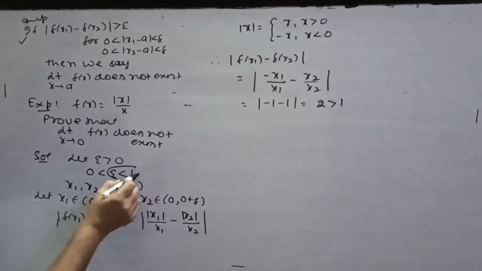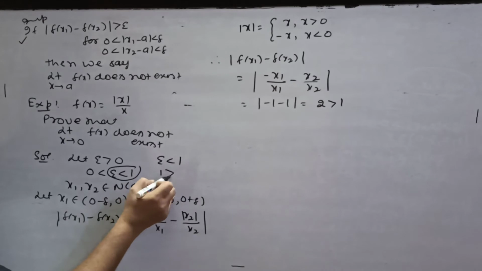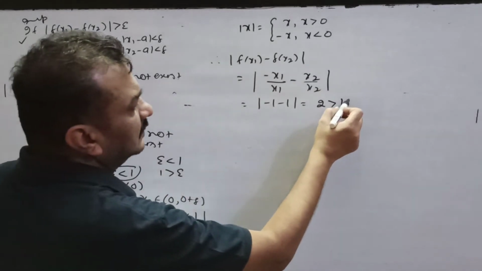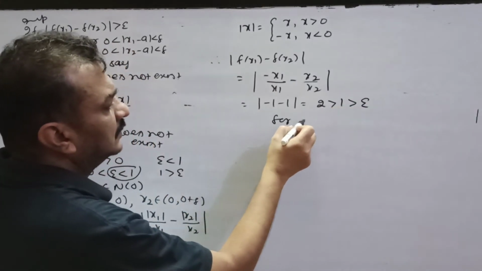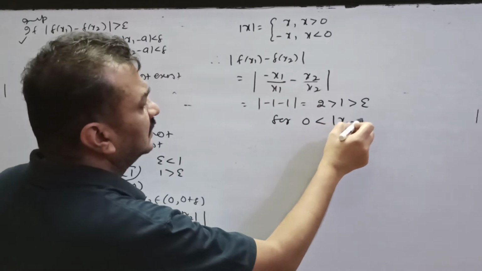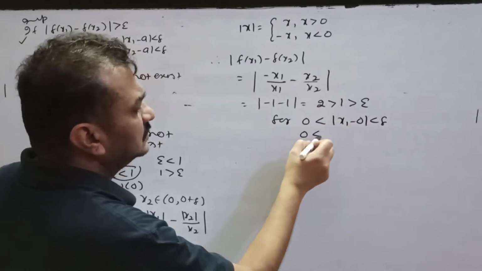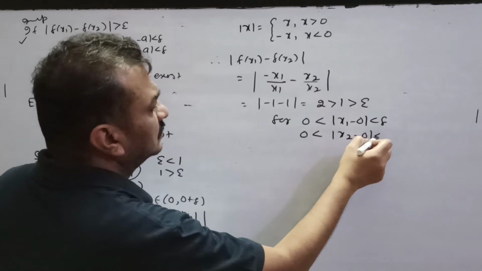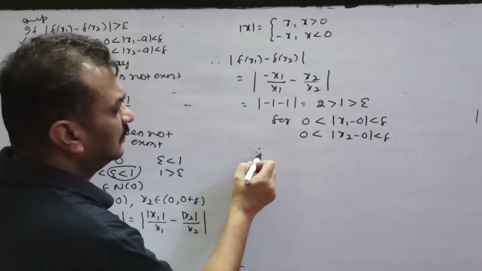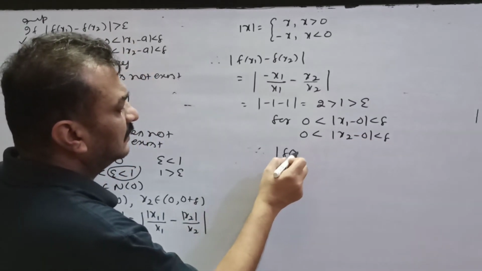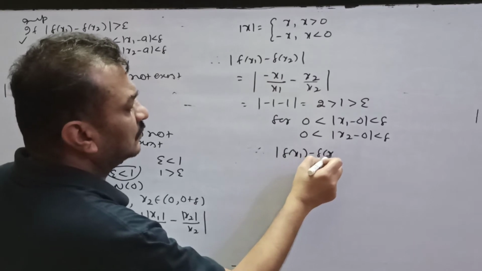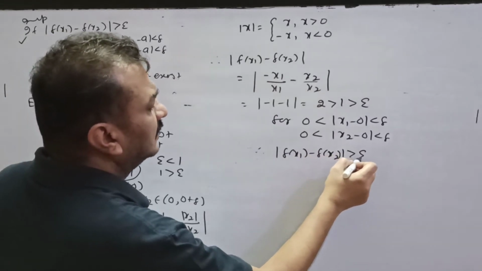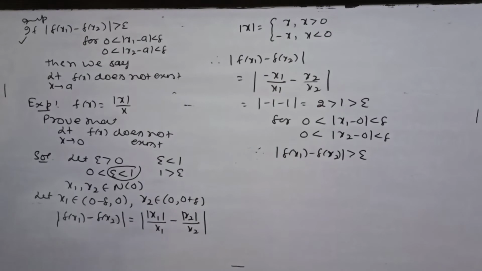Since epsilon is less than 1, we write 1 greater than epsilon for 0 < |x1 - 0| < delta and 0 < |x2 - 0| < delta. So |f(x1) - f(x2)| is greater than epsilon, so we say the limit does not exist. Next example.